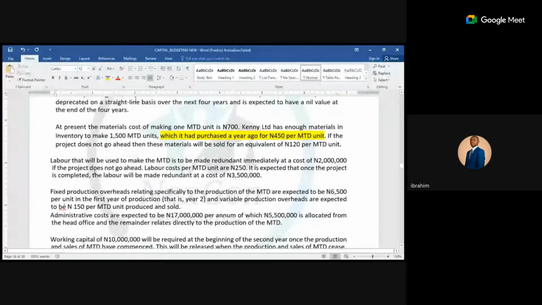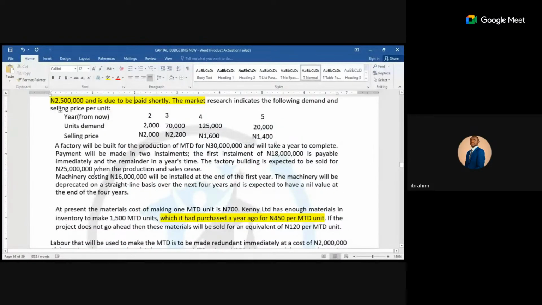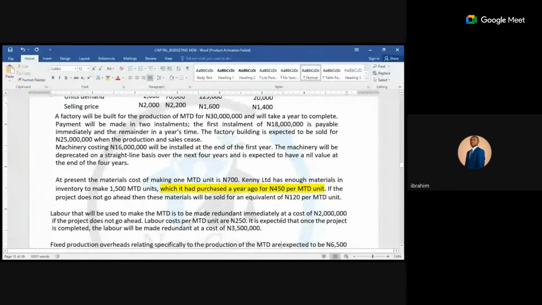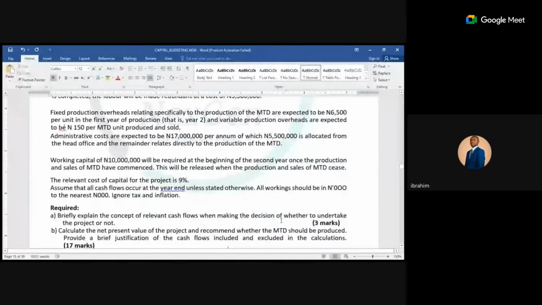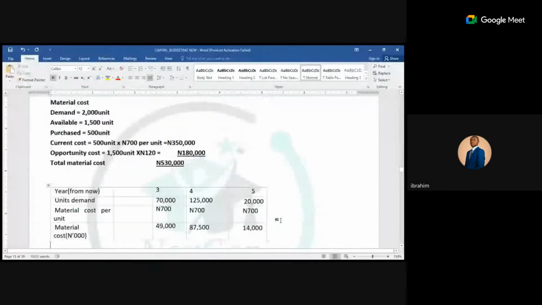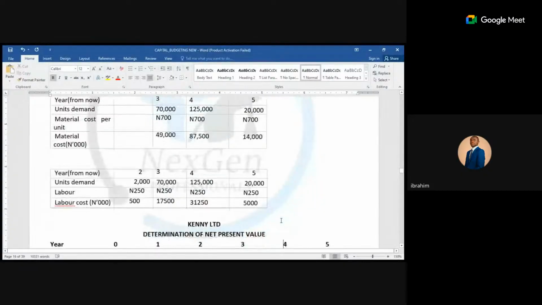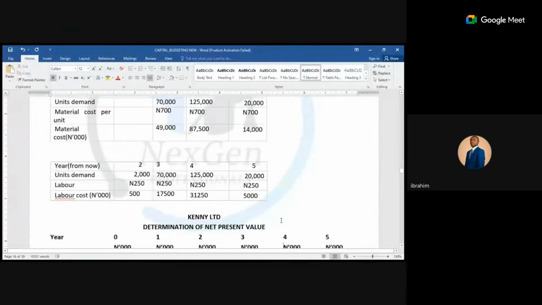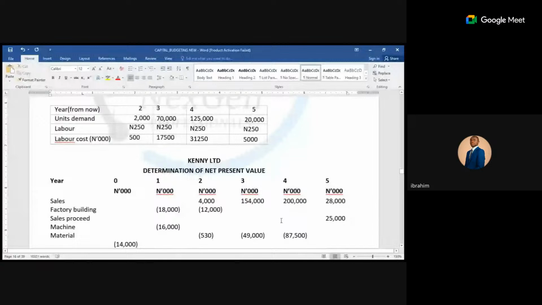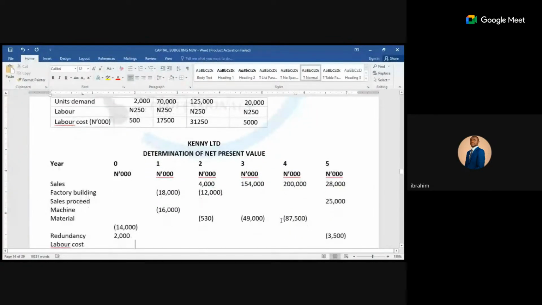They purposely did it like that. So the labor cost, which is 450 naira per MTD, you multiply it by the unit demand, right? Which we did. We've done that already, from year 2. Labor cost. Okay, so year 2, we have 500.